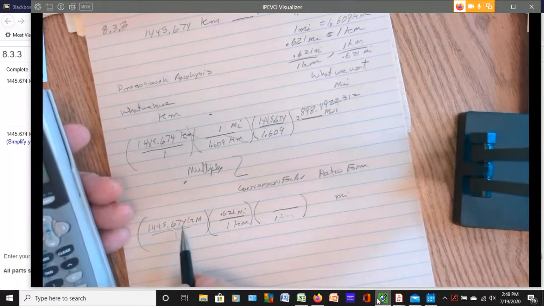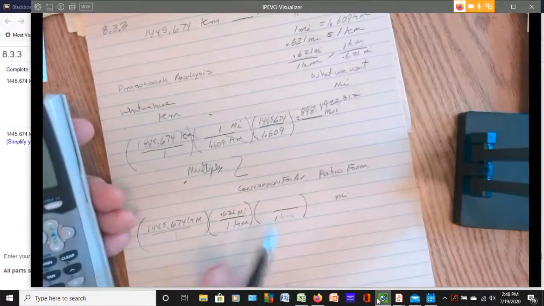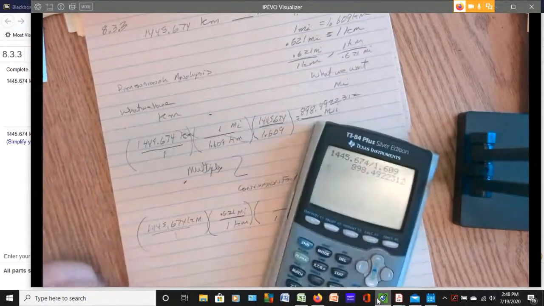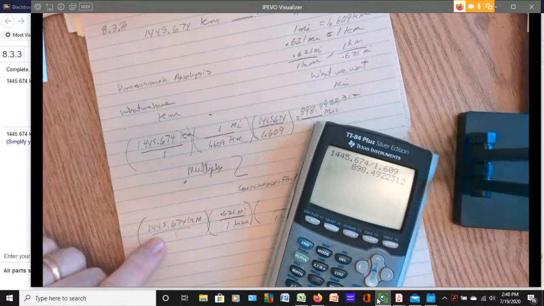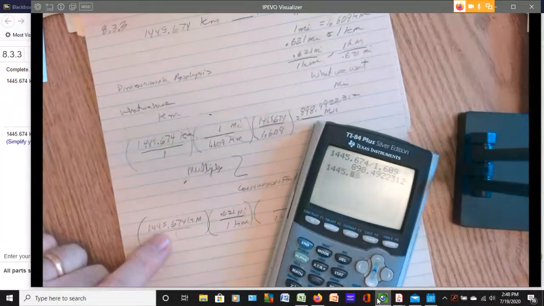And now I'm multiplying by this version of the conversion factor. Let's see what we get. We're going to take 1445.674 times 0.621.